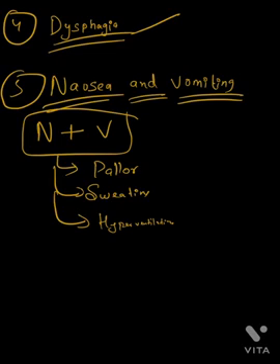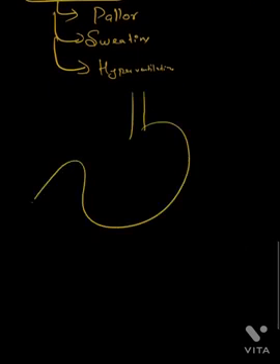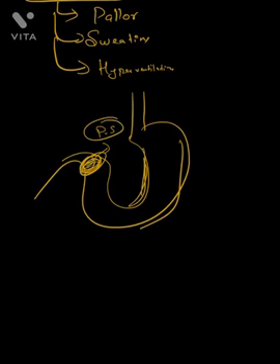Whenever the stomach is present, this is the esophagus, this is your stomach, this is the lesser curvature, greater curvature. At this side the pyloric sphincter is present. Suppose any pyloric stenosis is present.